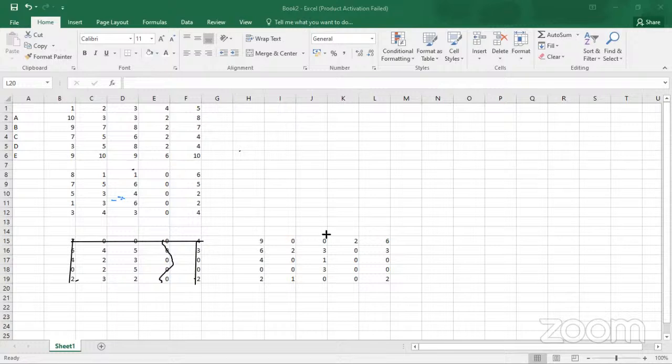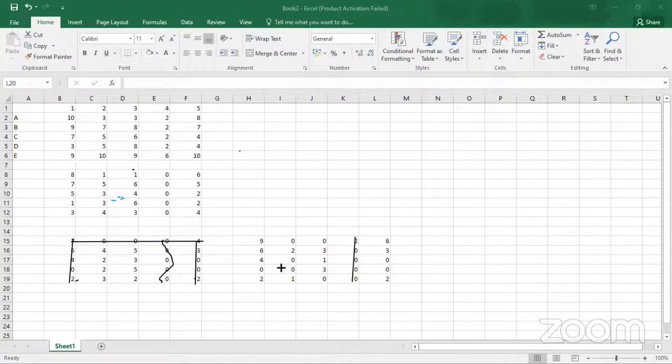Is the first row a single zero row? No. Second row? Yes. If it is in a row, try to cover it with a vertical line. Is that clear? Okay. Third row?